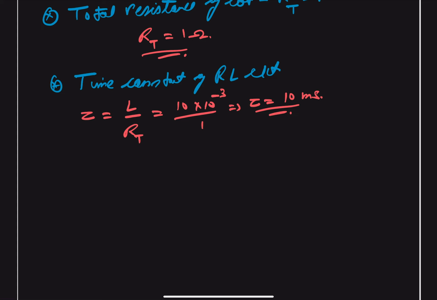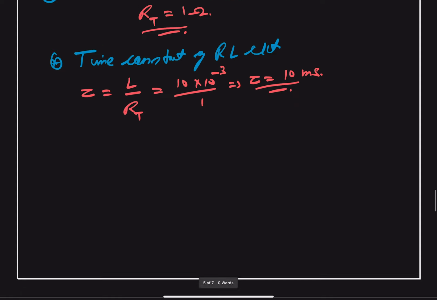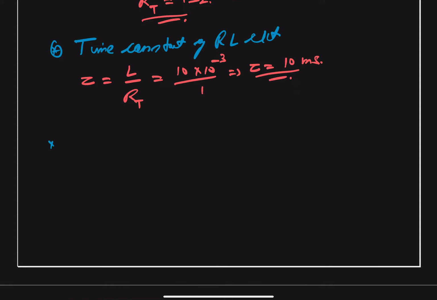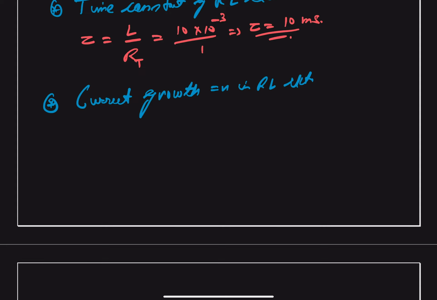Now the equation of the current, the current growth equation in the RL circuit, we can write as I equal to I max, sometimes also written as I naught, times 1 minus e raised to the power minus t upon tau.